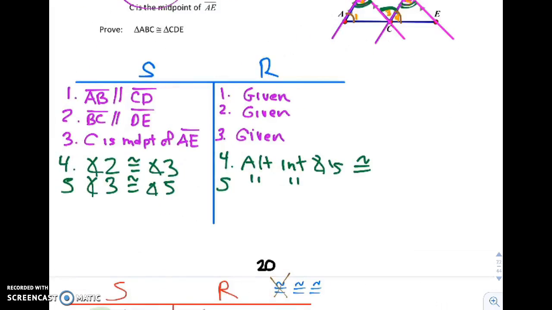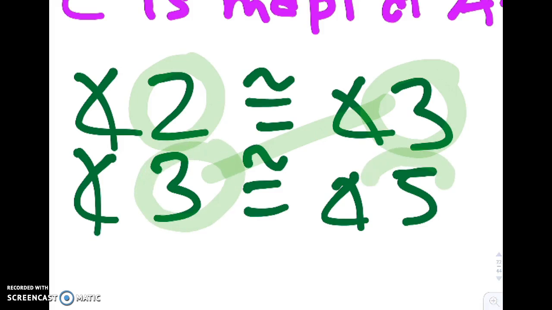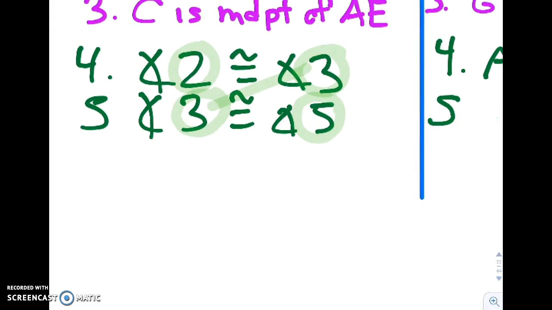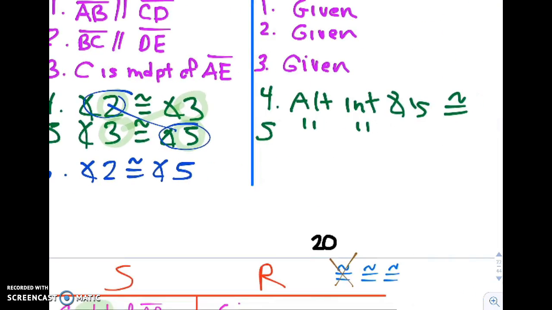Now, if angle 2 is congruent to angle 3, and then angle 3 is congruent to angle 5, that must mean, through logic, that angle 2 must be the same as angle 5, because they're both congruent to angle 3, so they must be congruent to each other.